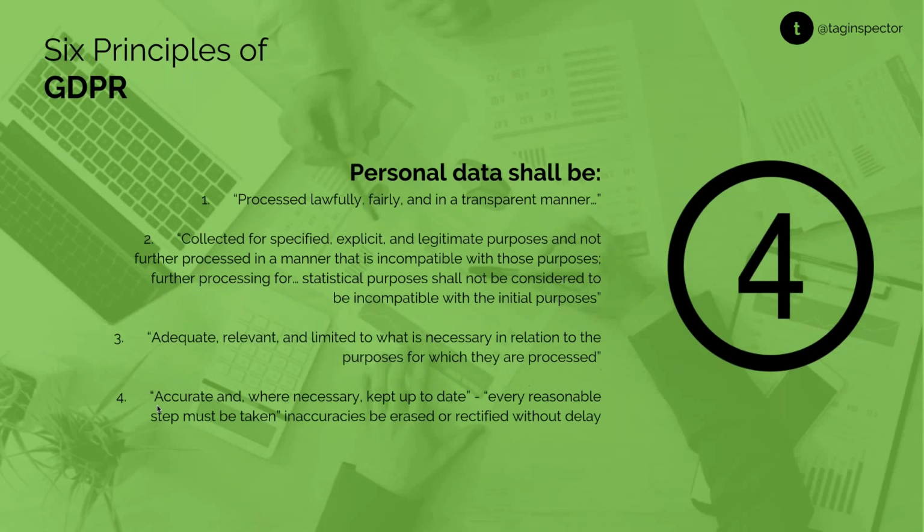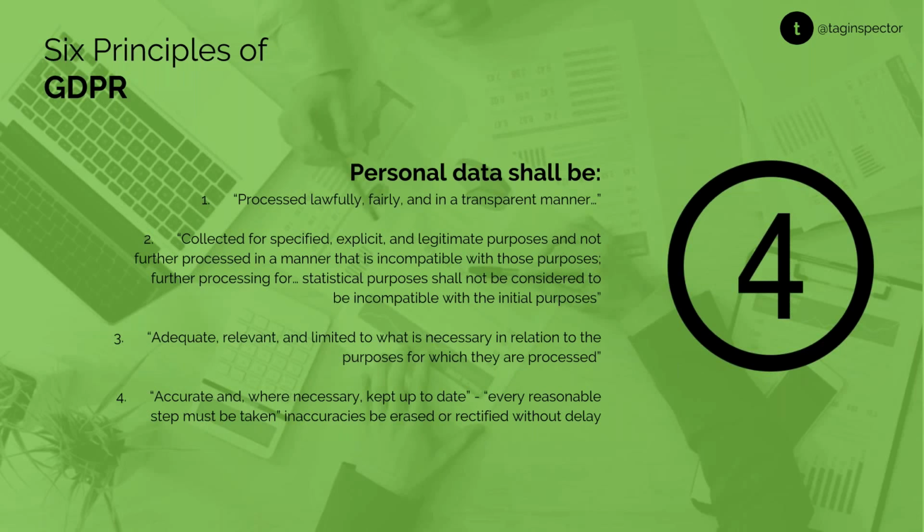Number 4, personal data shall be accurate and where necessary, kept up to date. An extension of that is that every reasonable step must be taken. Inaccuracies must be erased or rectified without delay. So data must be accurate and clean. And then in the event that inaccurate data is detected, either by you, by a user, by another controller or processor, that must be rectified immediately or erased.